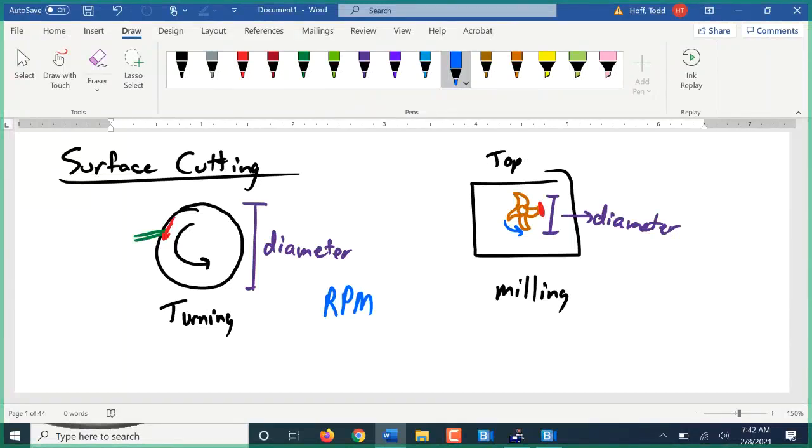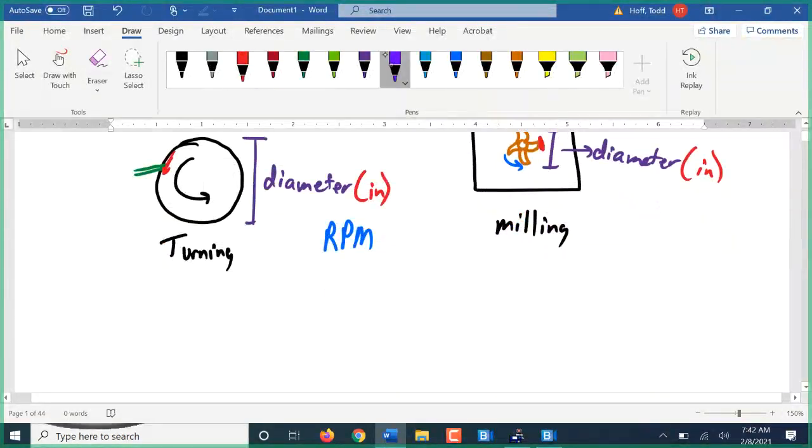In the case of turning, it's how many revolutions the material is turning per minute. In milling, it's how many revolutions the mill itself is turning per minute. If our diameter is measured in inches, which it typically is in both cases.